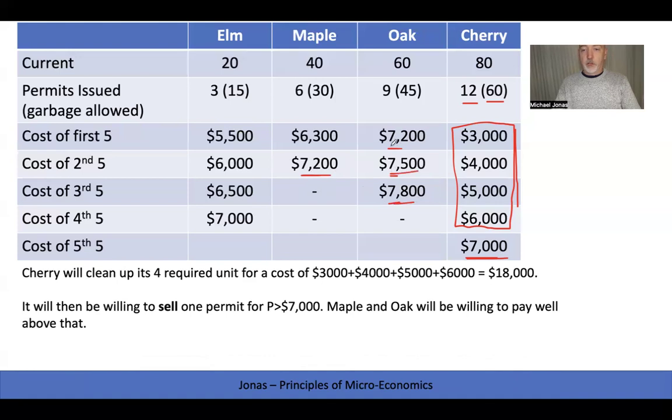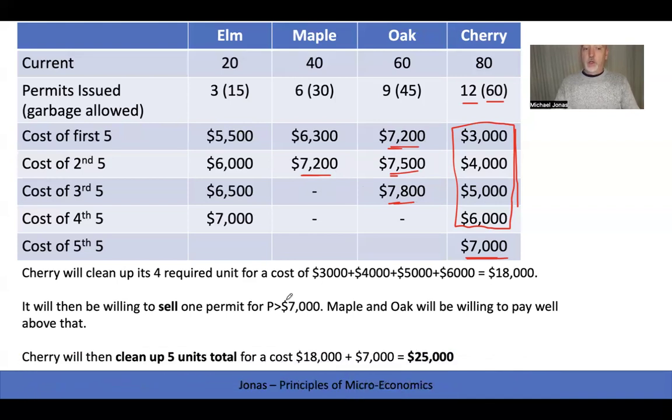There's going to be a negotiation, a transaction that takes place, and it's going to need to clean up that 1 extra unit. So in total, Cherry will clean up 5 units, right? The 4 initially to bring it into compliance, and then the 1 extra because it sold a permit. So the 3 plus 4 plus 5 plus 6 plus 7,000 brings us up to 25,000 total expenditure.